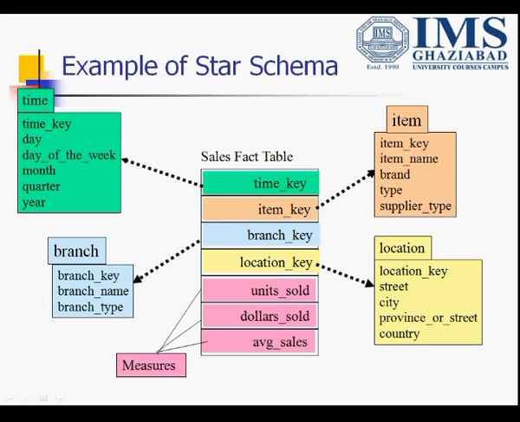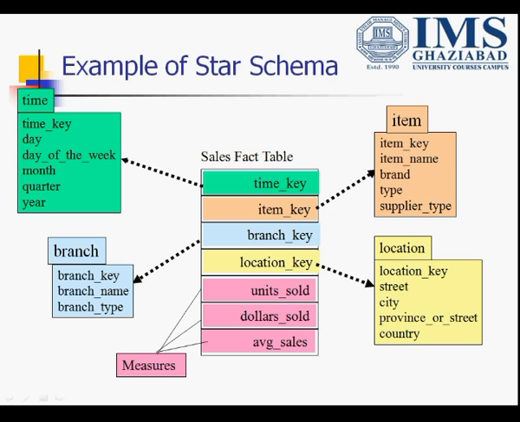This is an example of a star schema where there is one fact table named sales and four dimension tables: time, item, location, and branch. All the primary keys of the different dimension tables are stored in the sales fact table along with some attributes like units sold, dollars sold, and average sales.